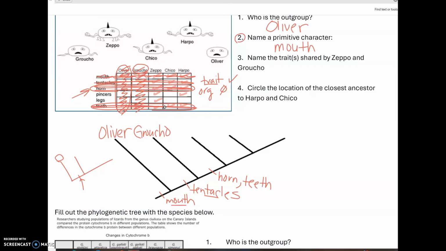And now we see, if we cross that off, that Chico doesn't have any further traits. So Chico comes next. Chico has a mouth, tentacles, a horn, and teeth, and he does not have the other two traits. The next one that everyone shares, if we crossed off Chico, is pinchers. And so that's going to go here.